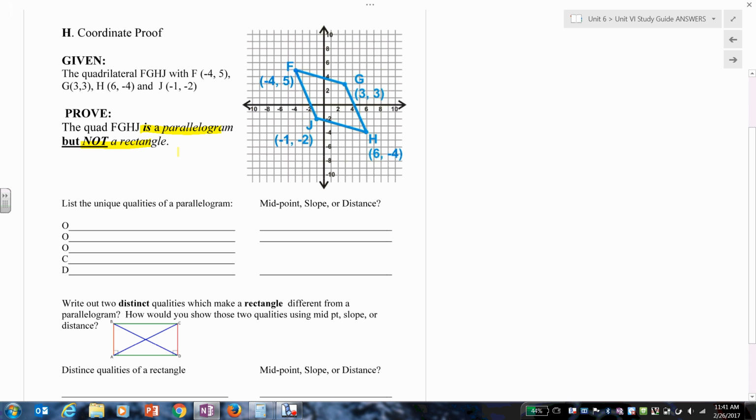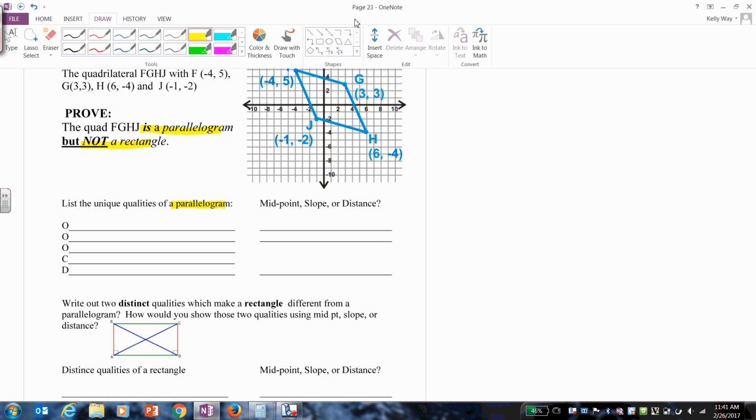The language we're using here is midpoint, slope, and distance. It's important to ask yourself, what do you know about the shapes? So to prove something is a parallelogram, you need one of the OCD qualities.